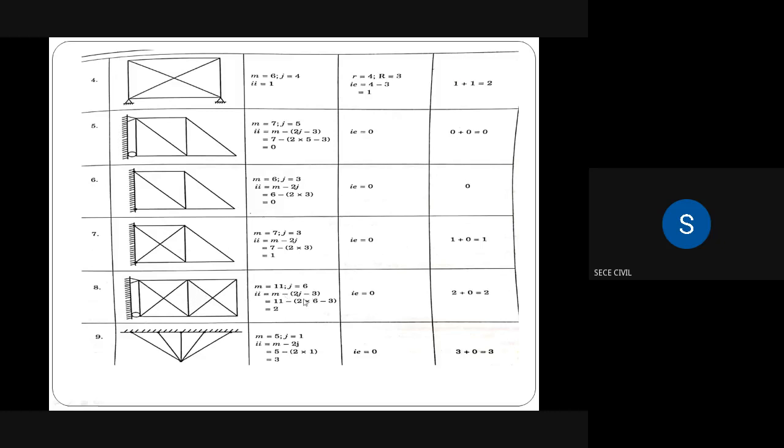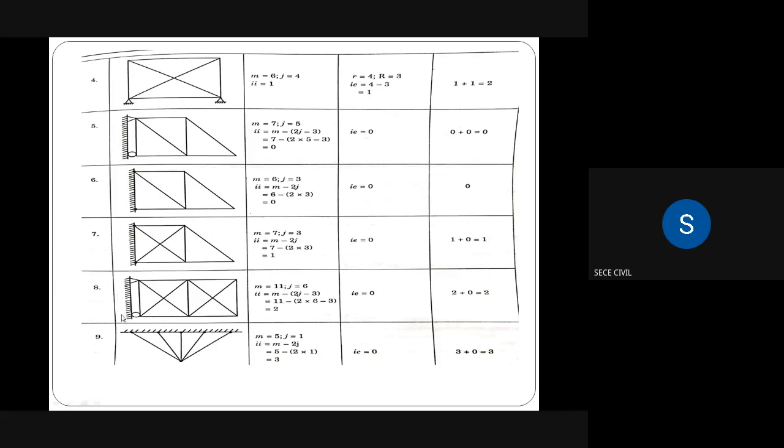So m minus 2j minus 3. So 11 minus 2 into 6 minus 3. 2 into 6, 12. 12 minus 3, 9. So 11 minus 9, 2. So the given problem has an internal redundancy of 2 degrees. Next we have to calculate external redundancy, small r minus capital R. Small r is the number of reactions in the given problem. The hinge support has 2 reactions, the roller support 1.